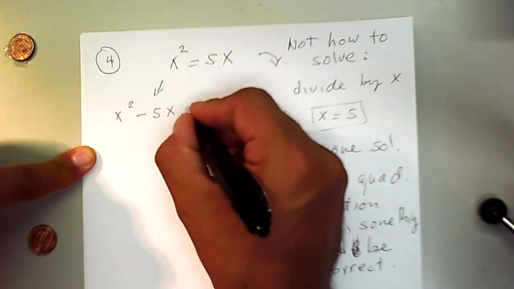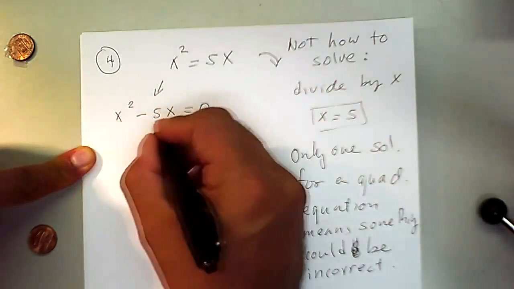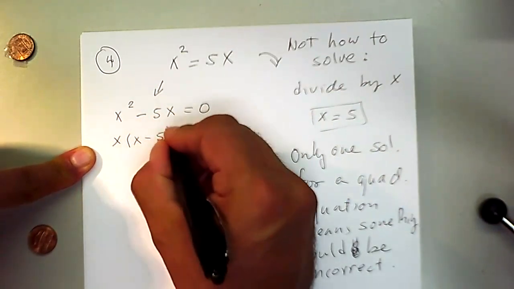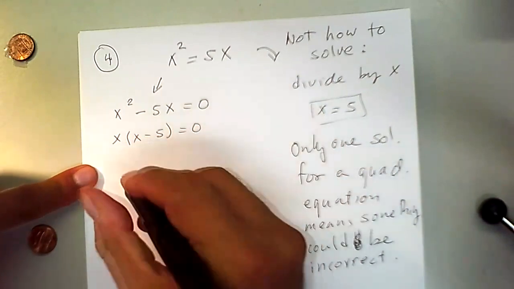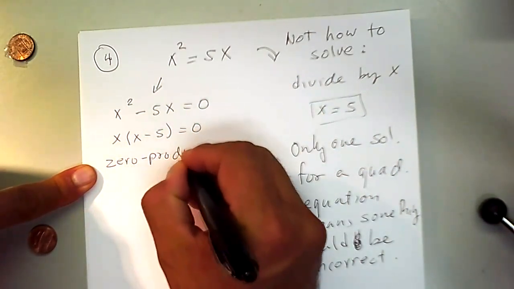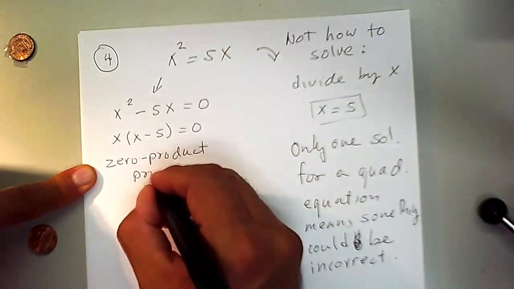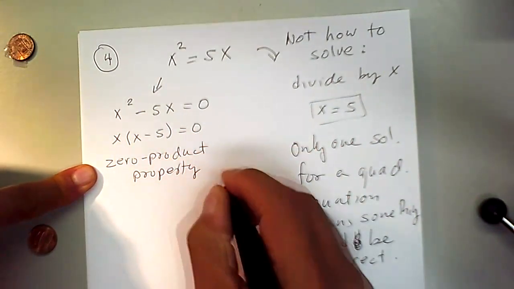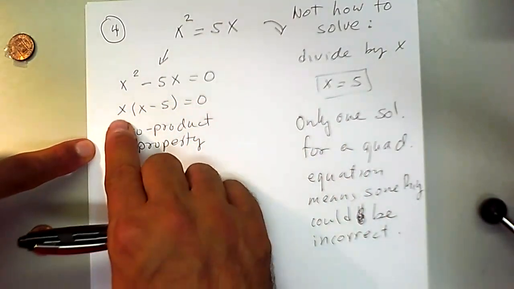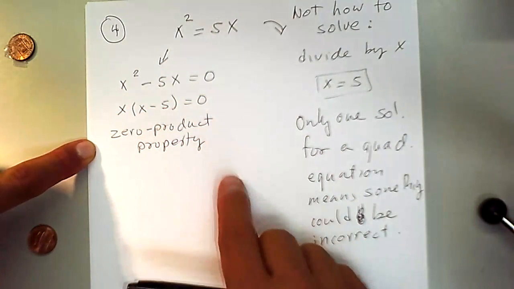Move everything to one side of the equation, factor the x out, so we have x minus 5, and then use the zero product property that says that if two things multiply to 0, then this guy is 0 or this guy is 0.